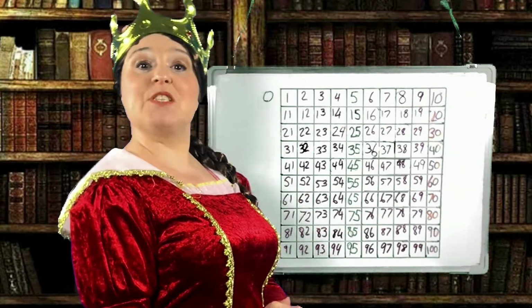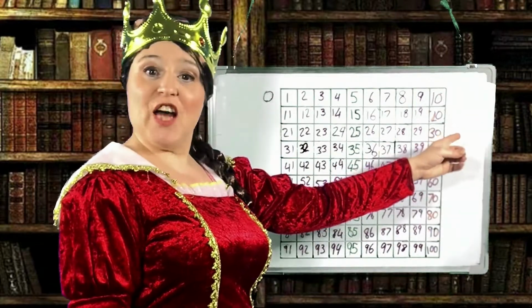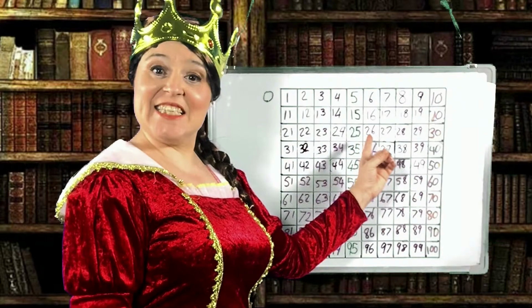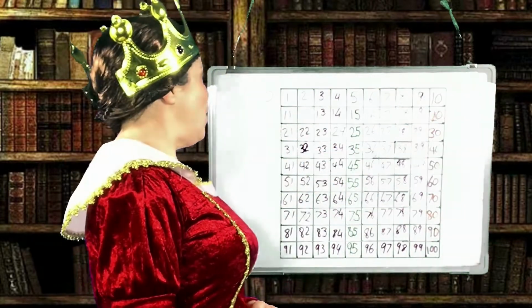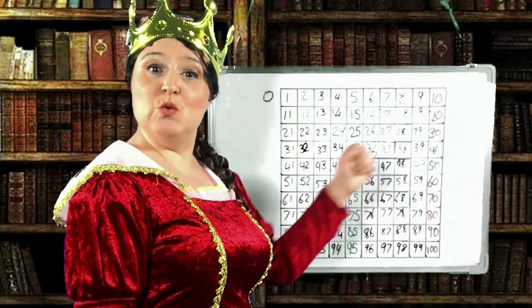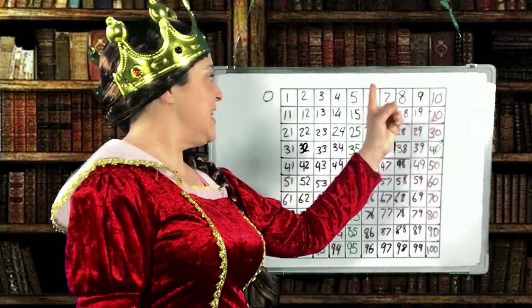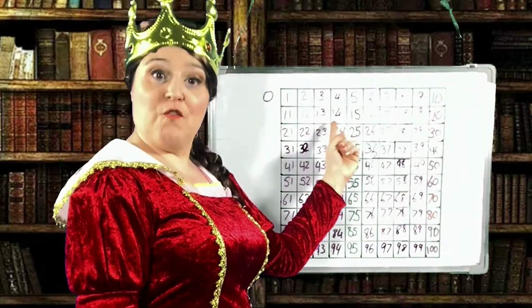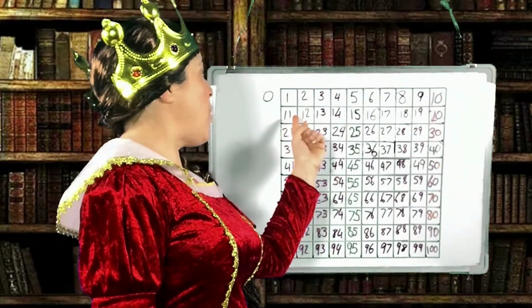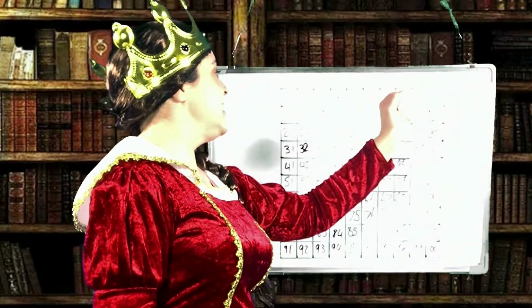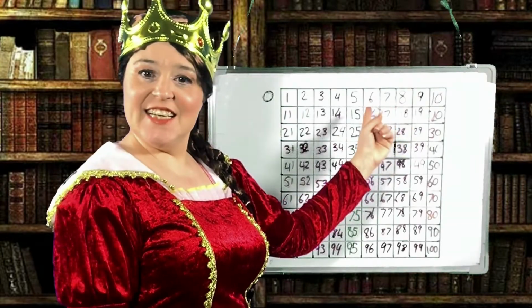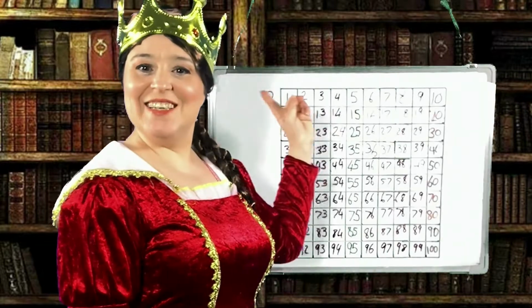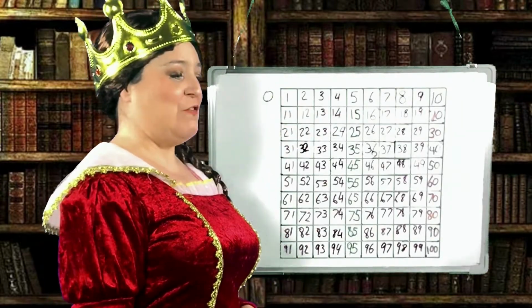Follow along on your number square. 30, 28, 26, 24, 22, 20, 18, 16, 14, 12, 10, 8, 6, 4, 2, 0. Very good.